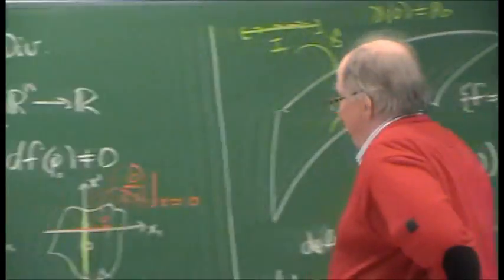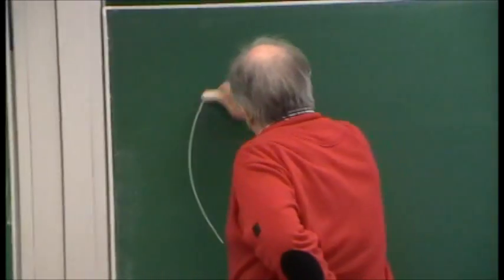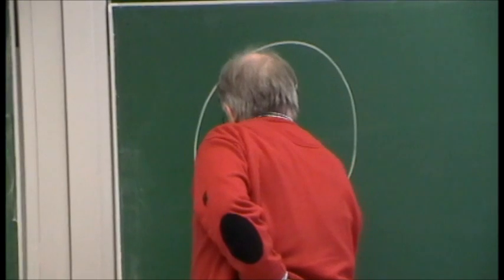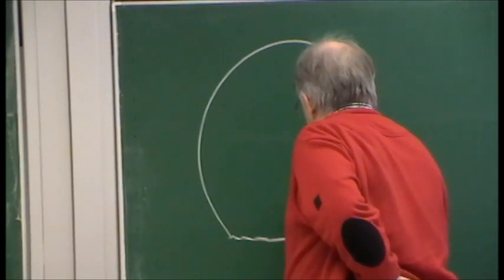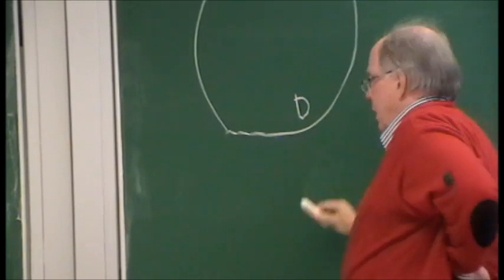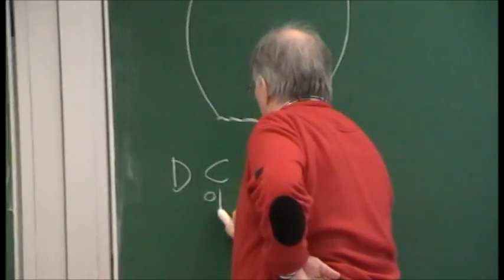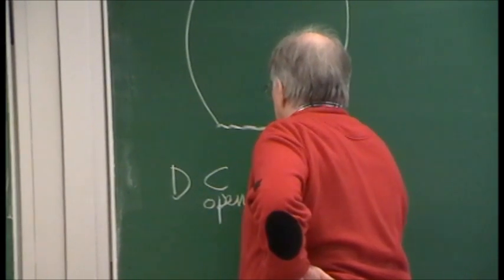Okay, I do want to say one more thing. Let's continue in this vein. In anybody's work in analysis, you have domains D. So D is an open set, a domain, a connected open set in some manifold.